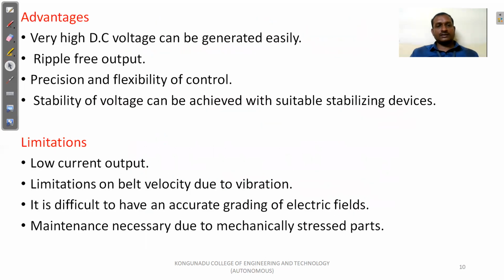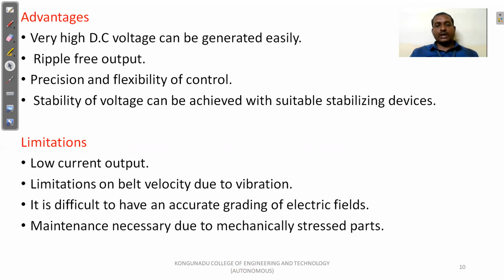Advantages: it is used to generate very high DC easily, with ripple-free output, and precision and flexibility of control. Stability of voltage control can be achieved with suitable stabilizing devices. Limitations: low current output. As velocity increases, vibrations will be the biggest issue.